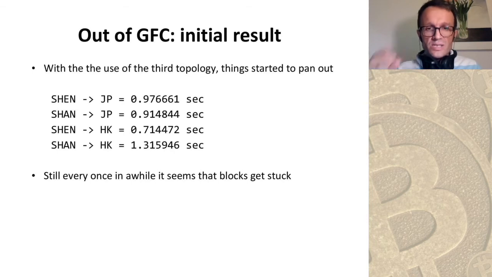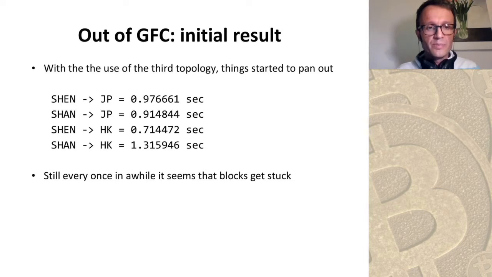As soon as the test went on, and with the improvements in software that I have already mentioned, like the priority of Xthin network messages, things started to pan out.